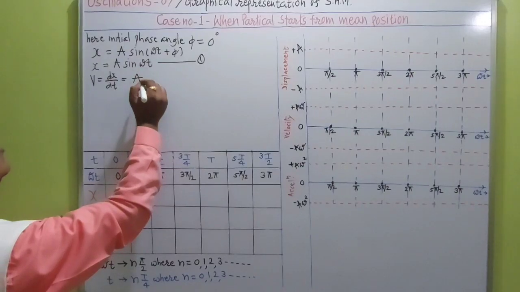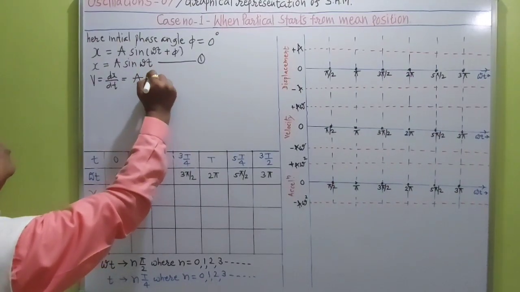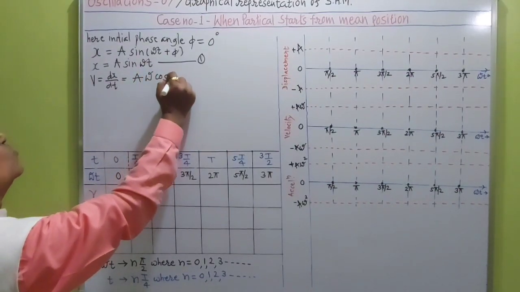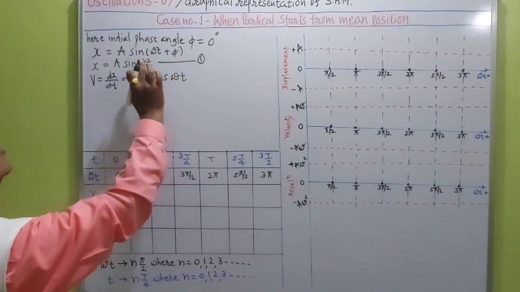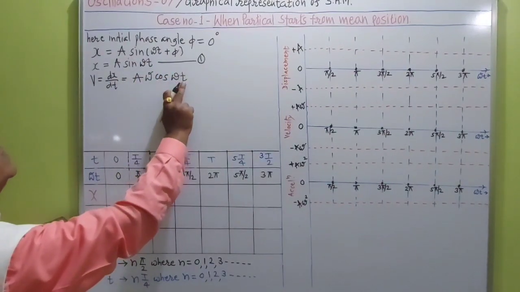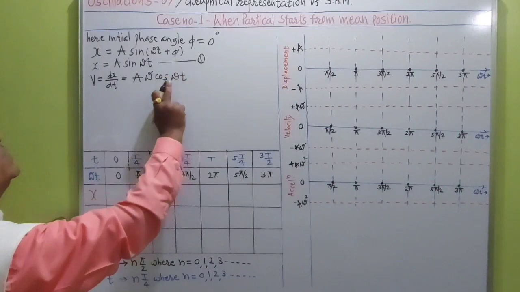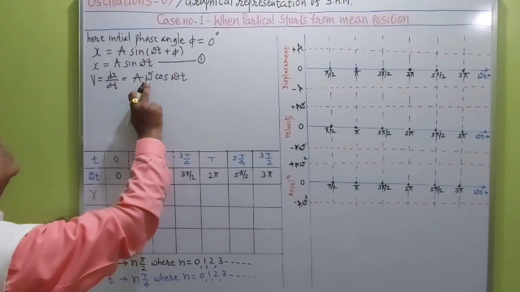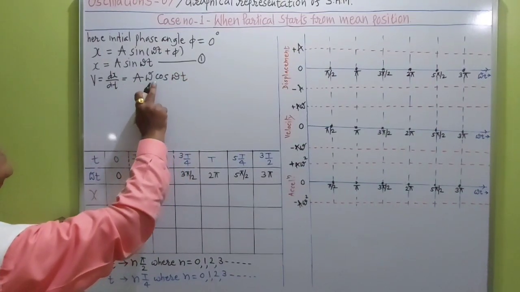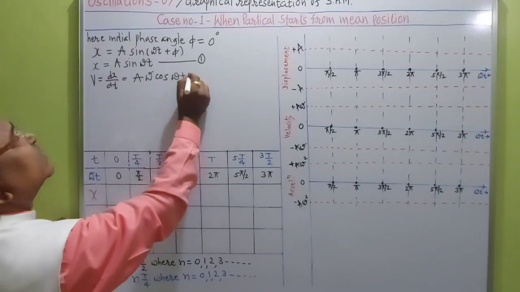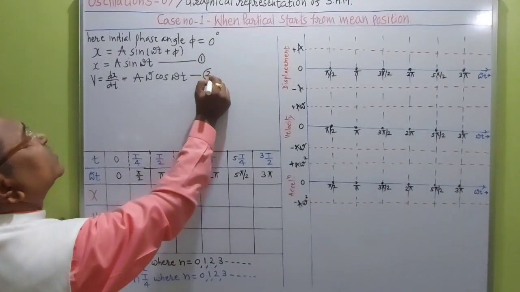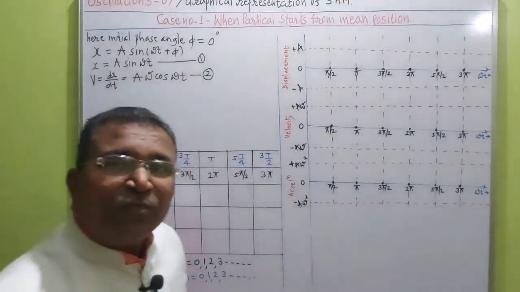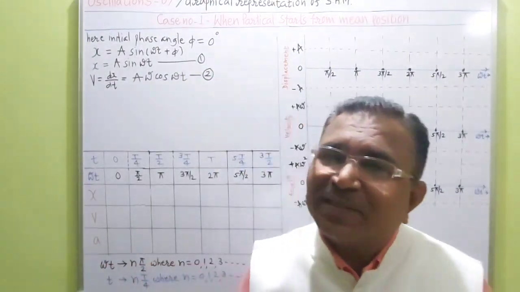The derivative of sin omega t is omega cos omega t, since the derivative of omega t is omega. So we get A omega cos omega t. This is equation number 2, the equation of velocity of SHM.